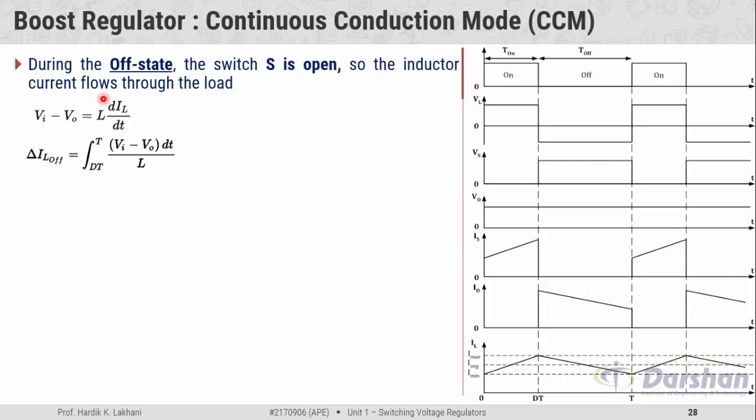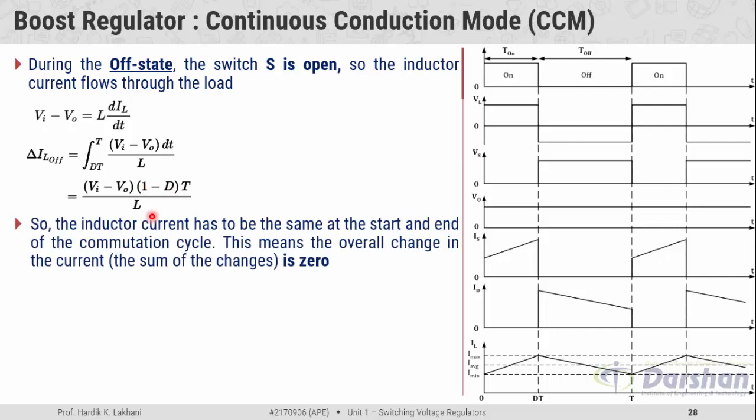And this is how we can find out the rate of change of inductor current during the off time. The second interval begins at the instant DT and the interval gets completed at the instant T. So by substituting VL is equal to Vi minus Vo, and doing the integration, we get delta IL off is equal to Vi minus Vo multiplied by (1 minus D) into T divided by L.